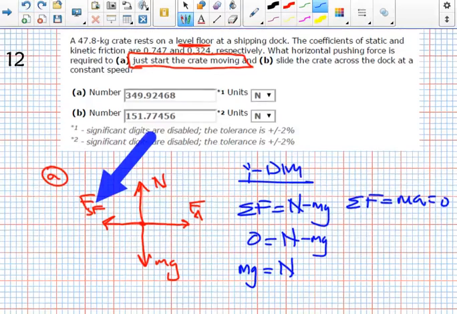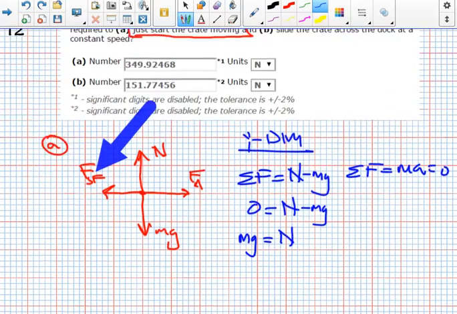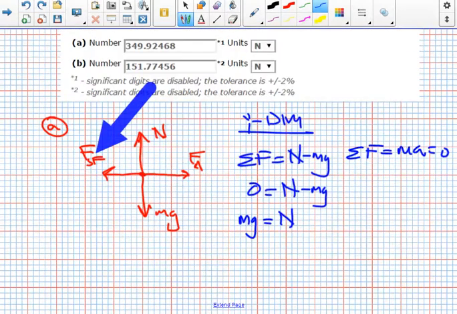Well, we got that because they give us m. They tell us the mass is 47.8, so we have enough to find the normal force. So mg is going to be 47.8 kilograms times 9.8, and we'll get that weight, which is going to be equal to the normal force.